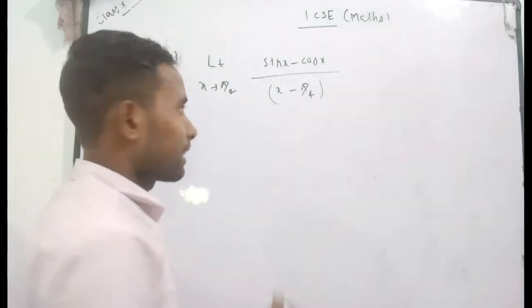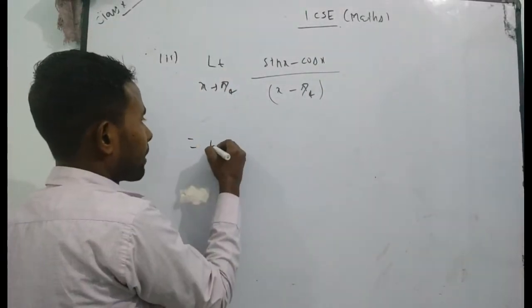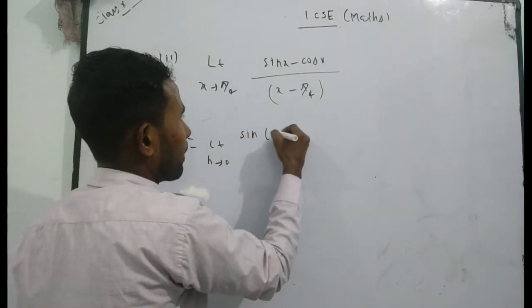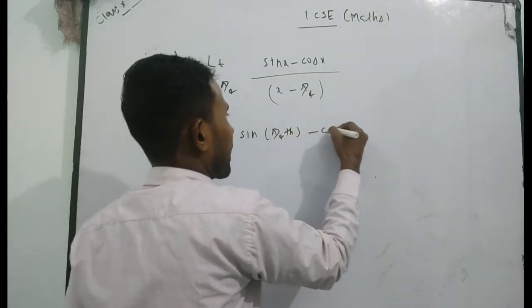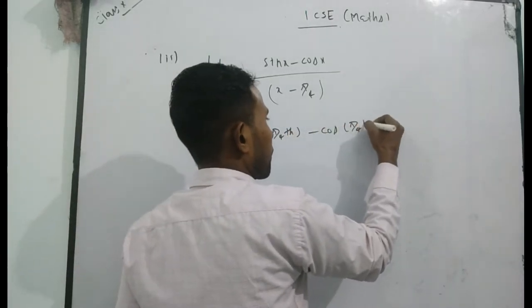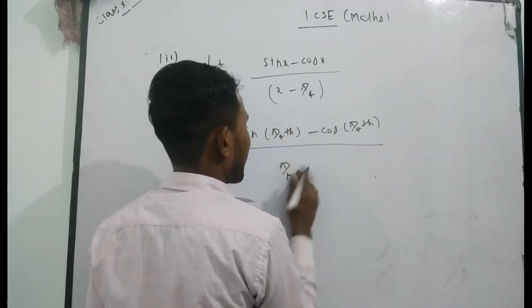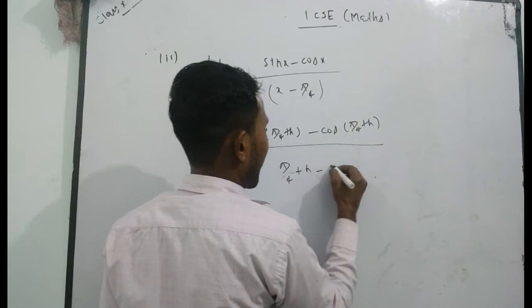How can you solve it? This is also very easy for you. Firstly, write its RHL. If you take RHL, what do you get? sin(pi by 4 plus h) minus cos(pi by 4 plus h) divided by, in place of x, pi by 4 plus h minus pi by 4.